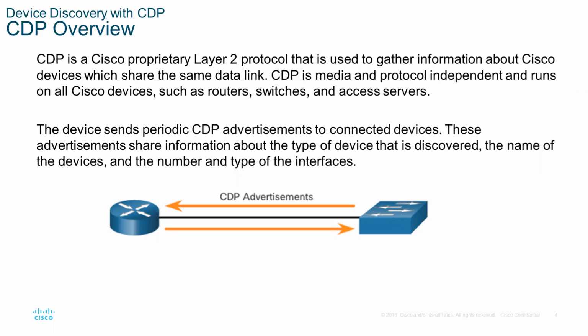Routers, switches, even some access servers, anything that runs a Cisco operating system will respond to the Cisco Discovery Protocol. The devices send a periodic advertisement to connected devices that share information about the device, so they get to know their neighbors.